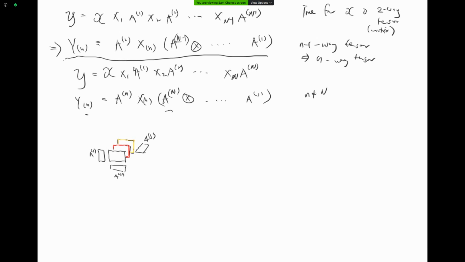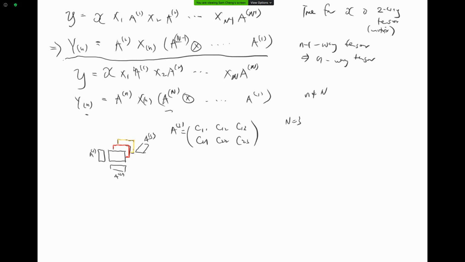Let me make it explicit: A3 equals, let me use C here, C11, C12, C13, C21, C22, and C23, just a 2 by 3 matrix. The illustration is for n equal to 3, because no one knows how to draw nicely for higher dimensions, but the argument holds for higher dimensions.